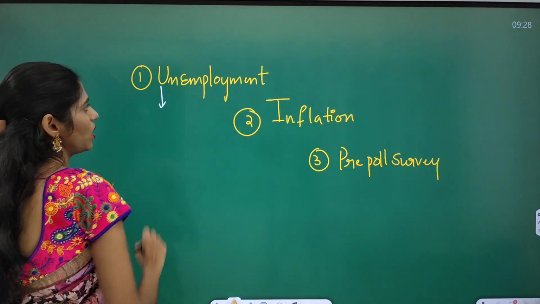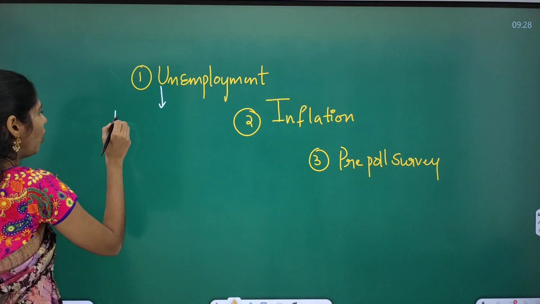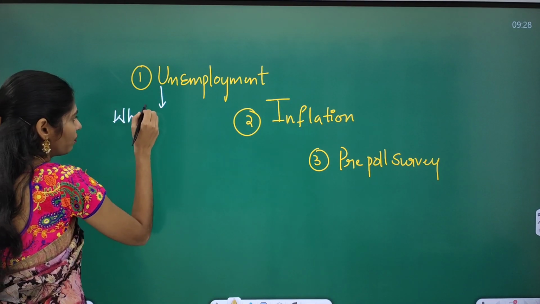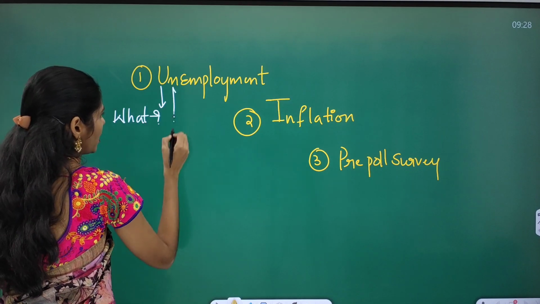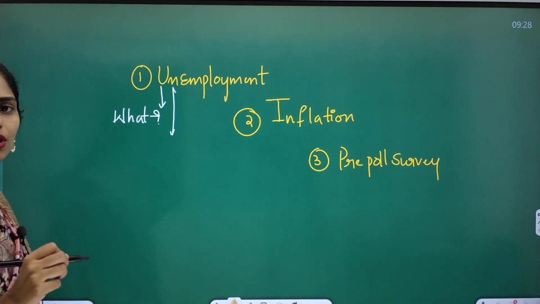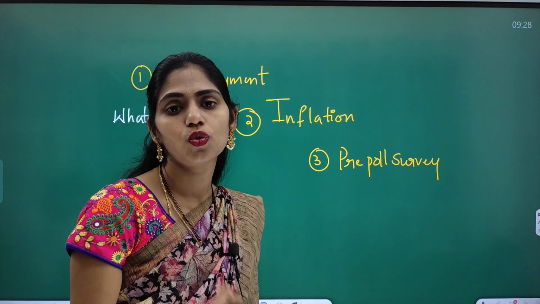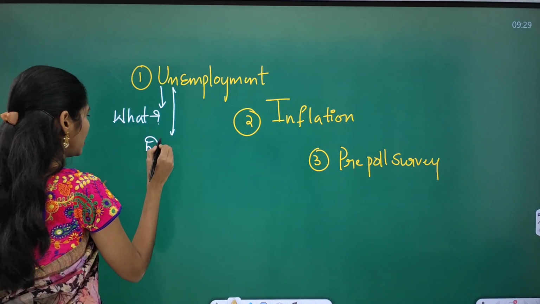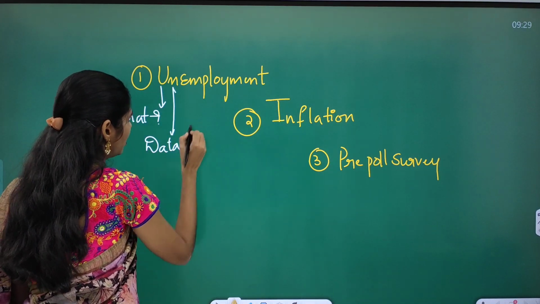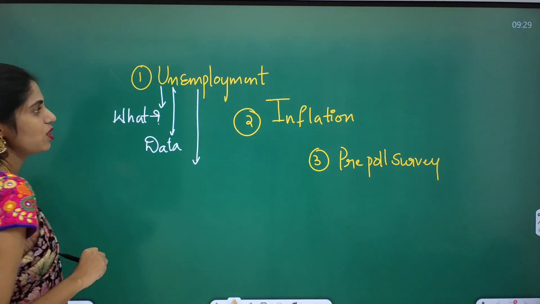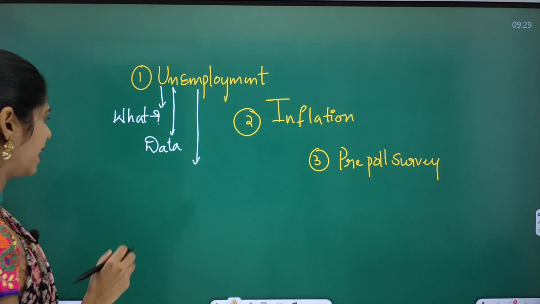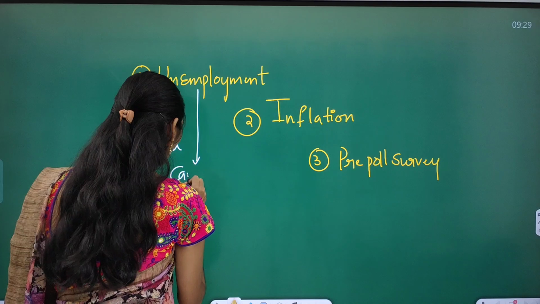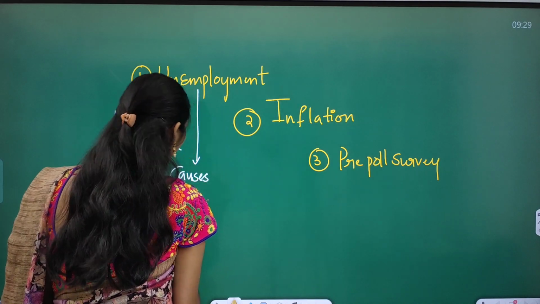First, you have to see the definition of unemployment. Second, you have to see the unemployment situation in India, including the data regarding unemployment in India. The next important dimension is the causes of unemployment.